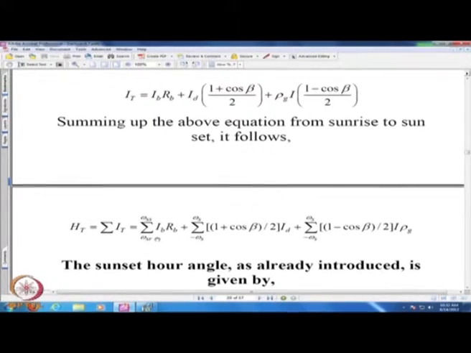You will notice here in the sky diffuse component, the summation is from some omega s r to omega s s, not from sunrise to sunset in the case of diffuse and ground reflected radiations. Because the direct radiation, depending upon the orientation of the surface, will be received by the surface a part of the sunshine or at most equal to the sunshine duration and never always equal to the sunshine duration.